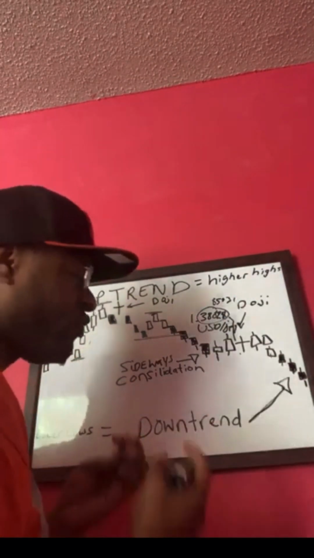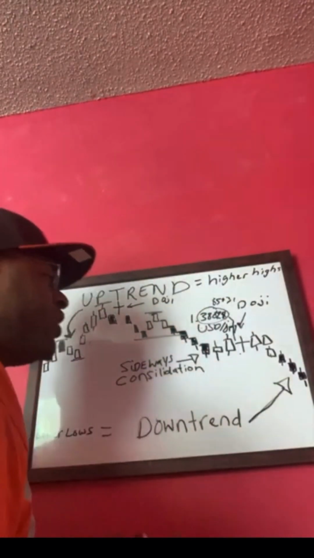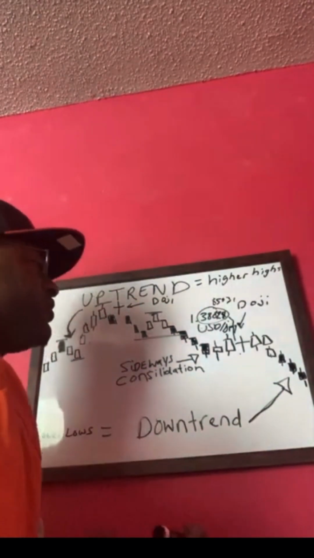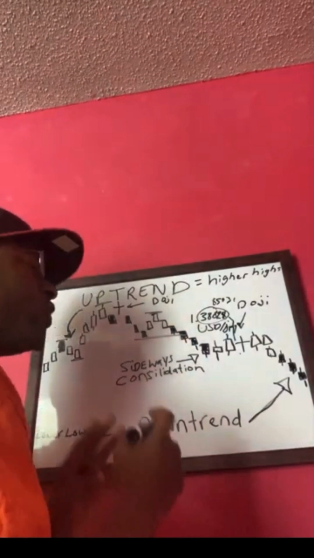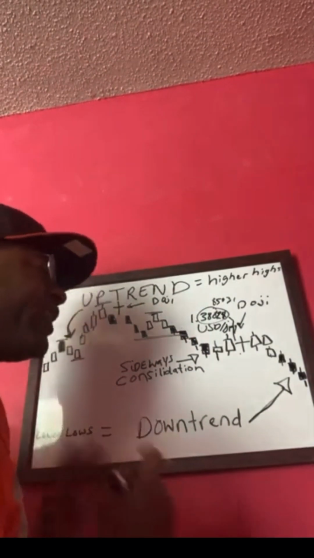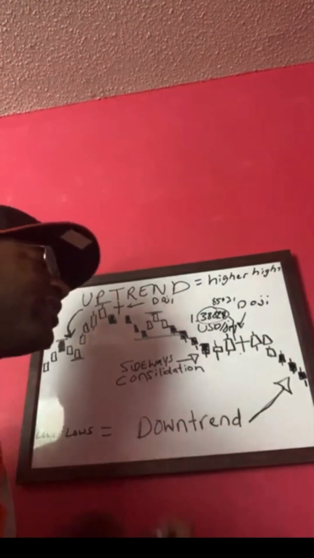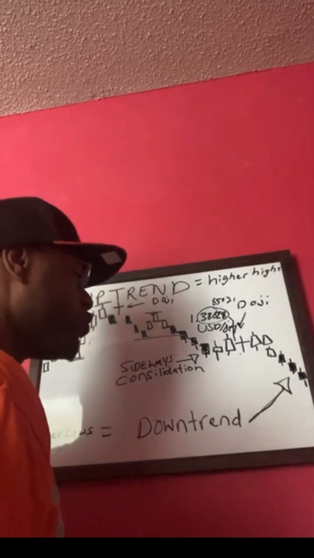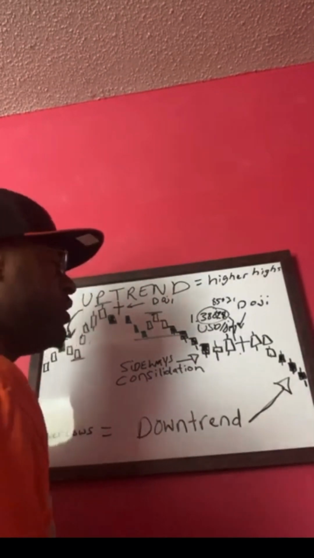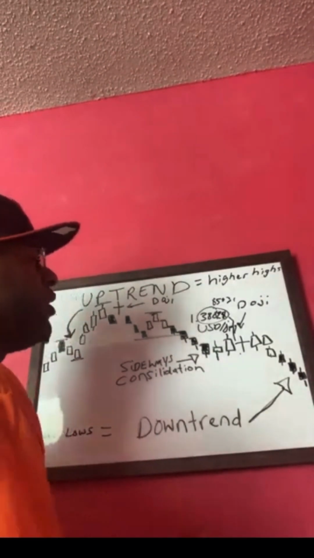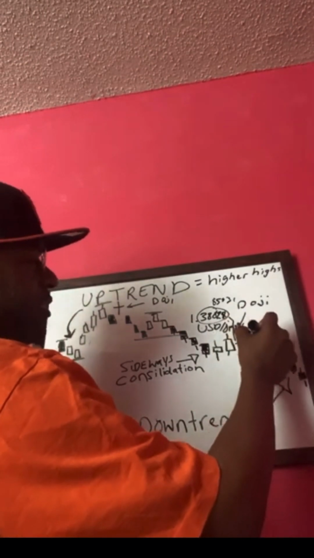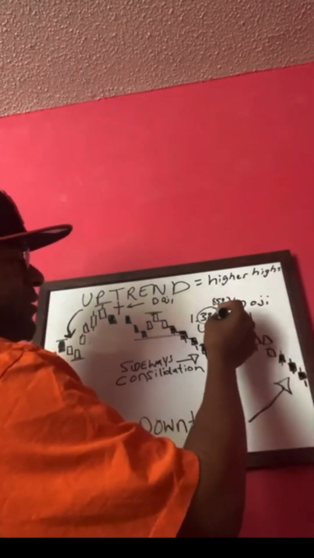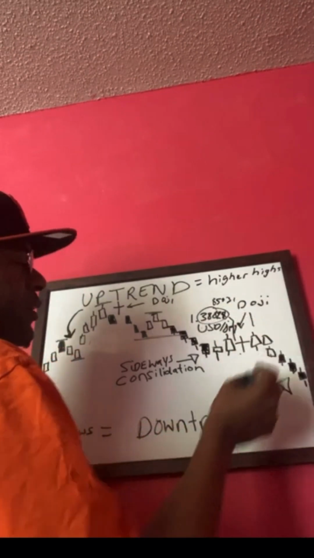Because remember, the doji opens and closes at the same price. And you know a reversal is more than likely to take place whenever you see this, especially when you've got more than one, okay? So let's say this candle went to, let's say, 830.